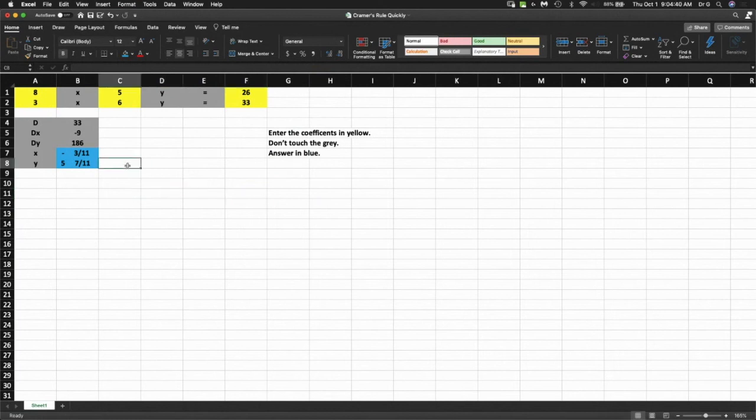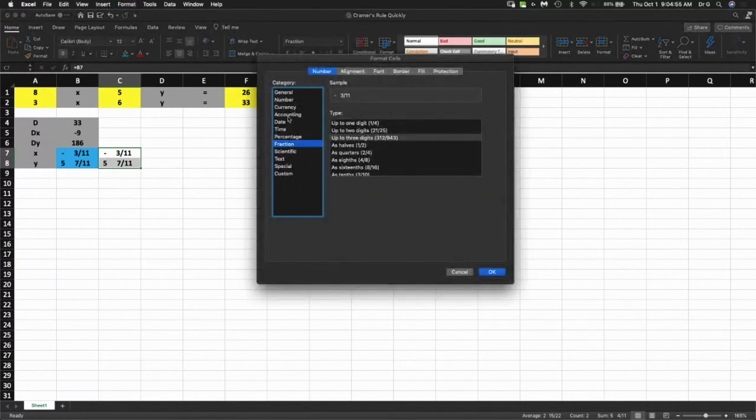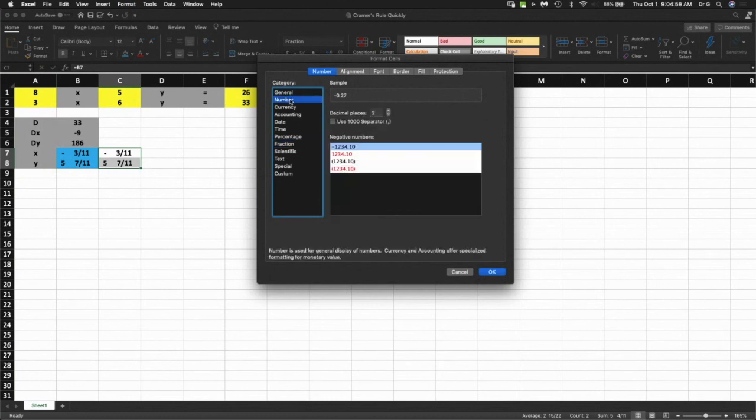Actually, forget it. I don't want to fix it. Let's put decimals here because I don't want to have any issues. So I'll put decimals here with three decimal places is fine.